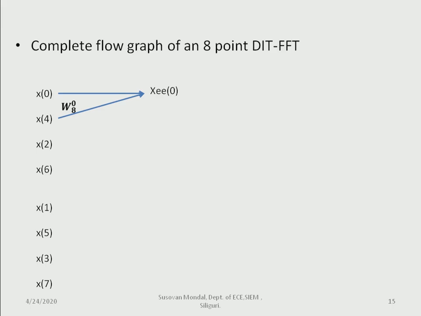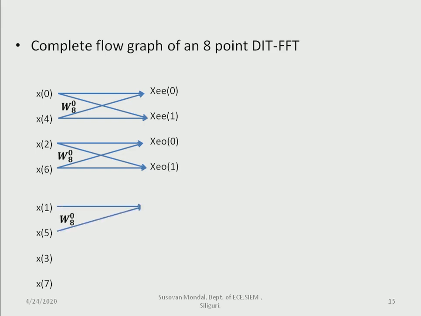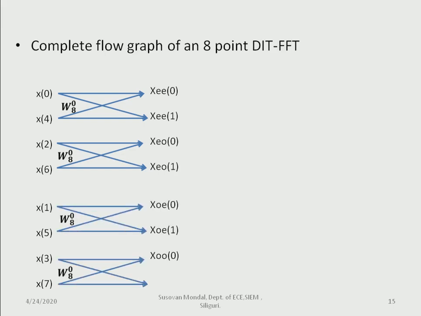So we perform x even of 0, which we can write as x of 0 plus W4 of 0 multiplied by W8 of 0. Similarly, these are each 2-point DFT.